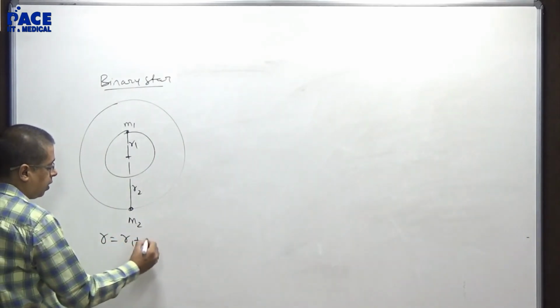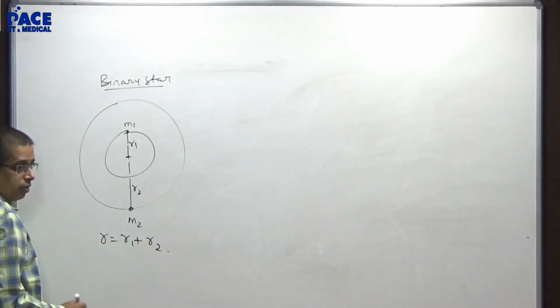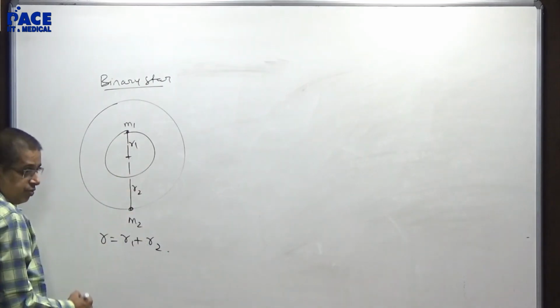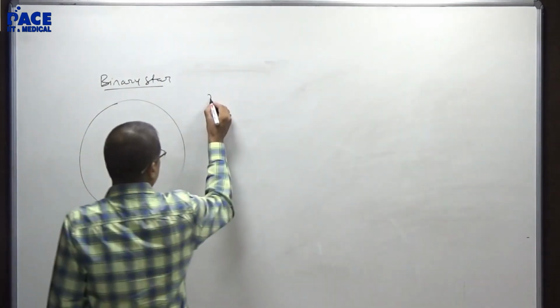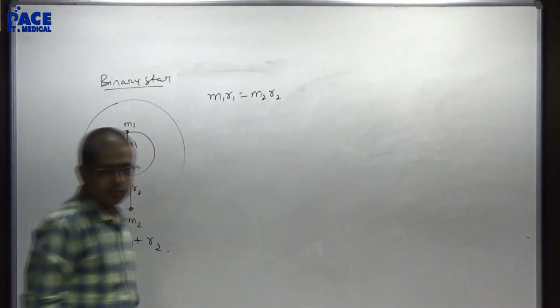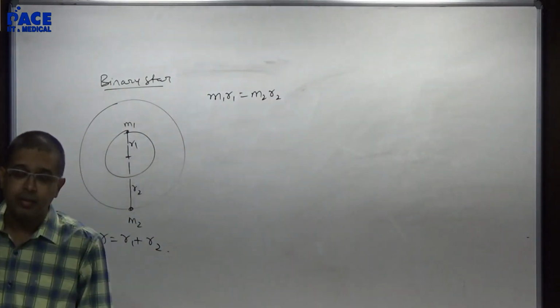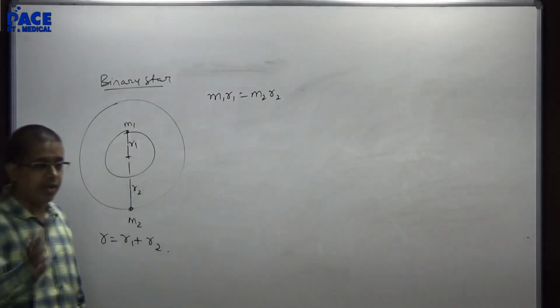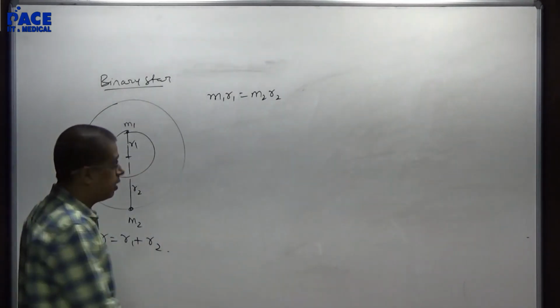R is equal to R1 plus R2, the net total distance. Second, M1 R1 should be equal to M2 R2. How are you telling me that? The position of the center of mass should not change as we are not taking external force on it.